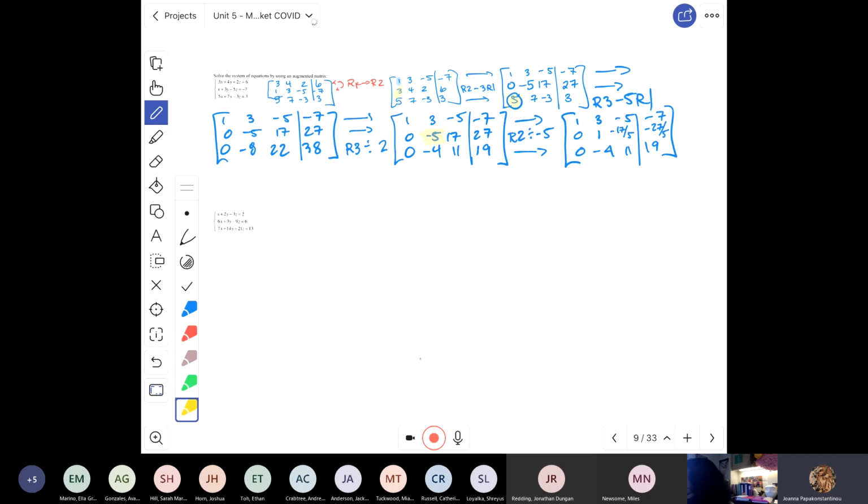So now I don't have a problem getting a 0 here because I can exploit that 1 and that 0 in the second row. So if I wanted to do that, I would leave my row 1 alone. I would leave my row 2 alone. And what might I do to get a 0 where that -4 is?